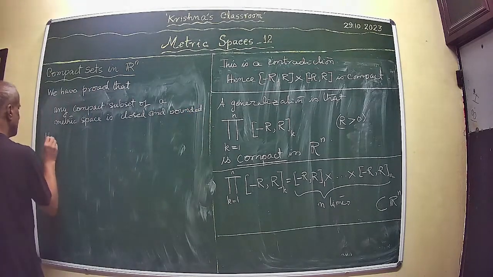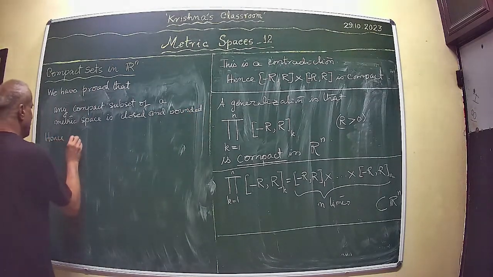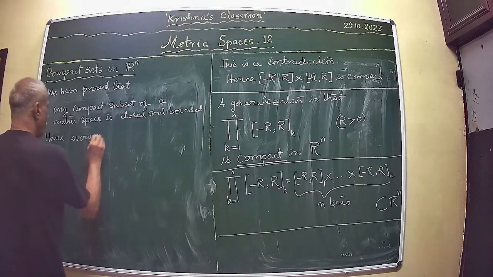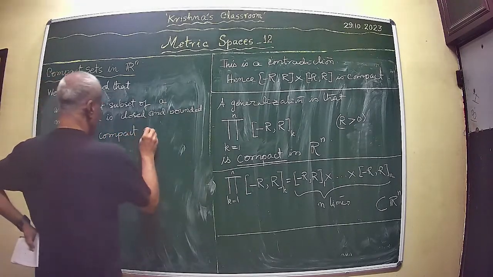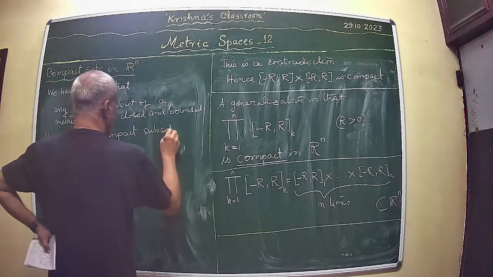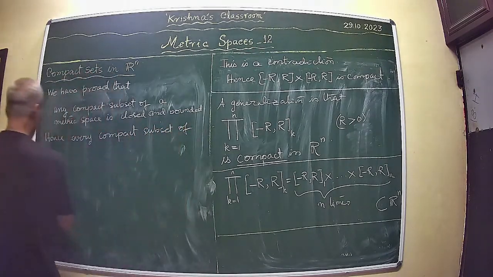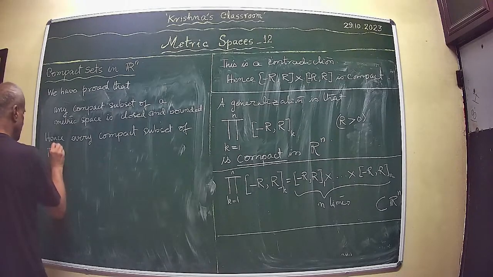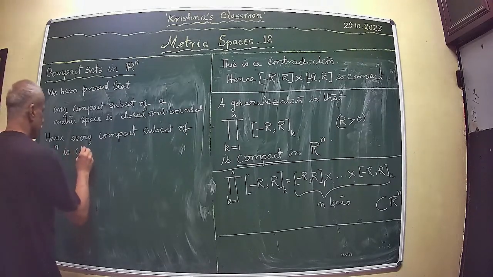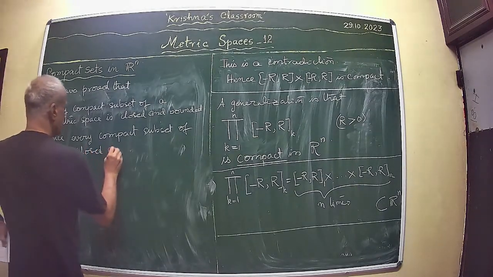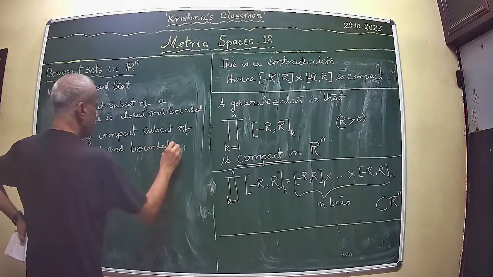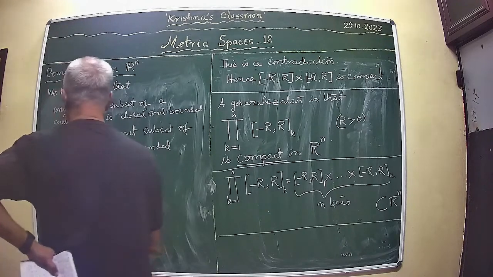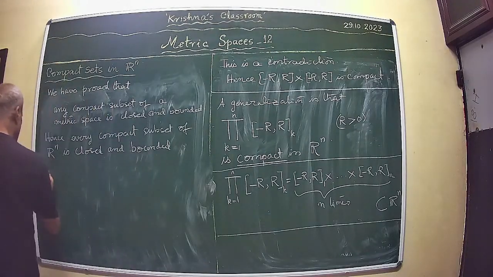Hence, every compact subset of Rn is closed and bounded. Is the converse true?